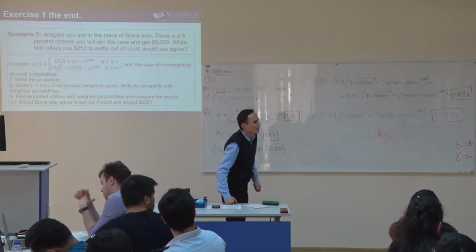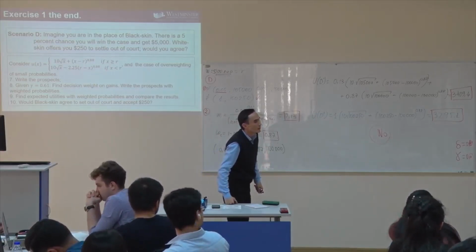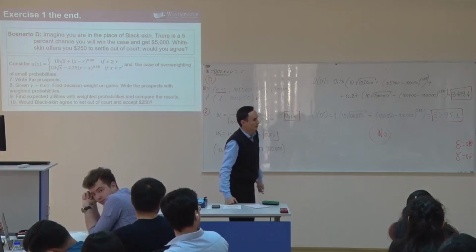When you draw the graph, when the utility is a plus, she will not take a risk, but here she's taking a risk. Because she is overweighting probabilities.